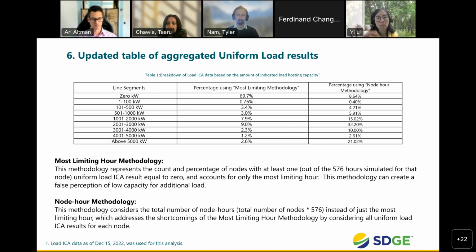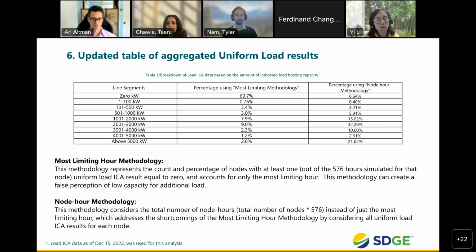When you download it, it shows you the exact profile, down to each individual hour of the 576 data points. So that's consistent with what we're talking about here. I wouldn't say that it's not matching what we're demonstrating. We're presenting the ICA data in the data portal, and it's actually consistent with that.